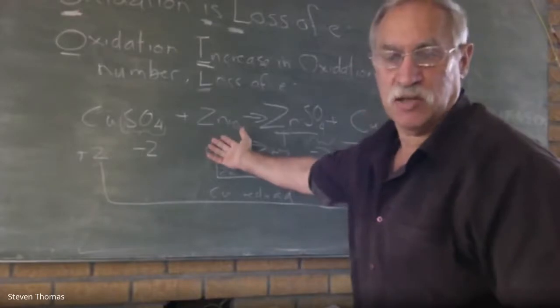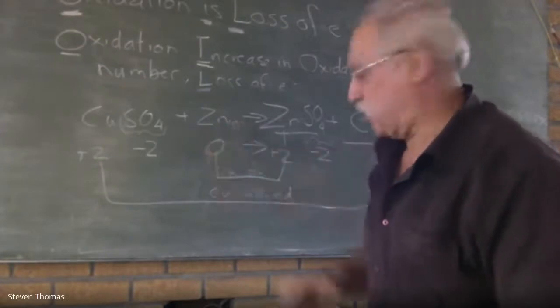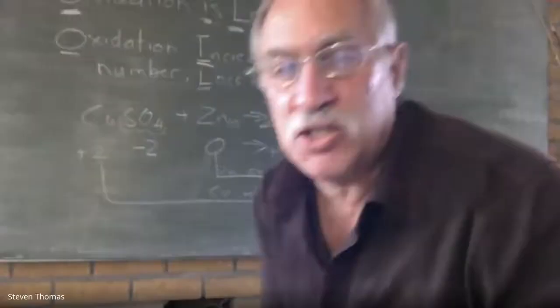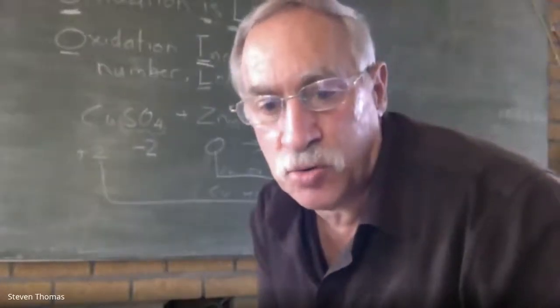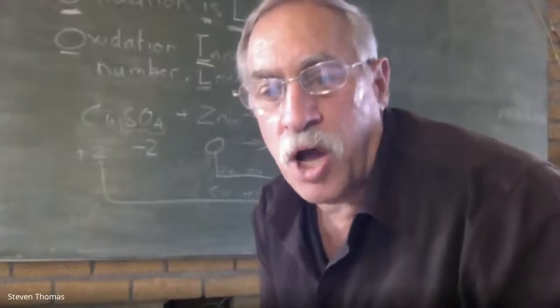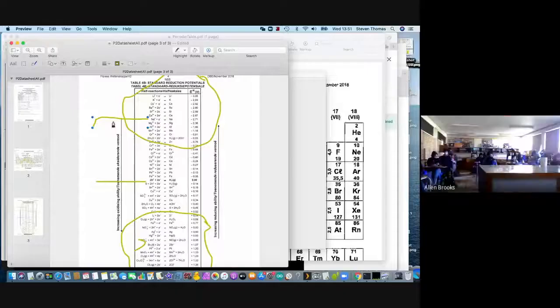No. So zinc must be sexier, right? Therefore, zinc must be higher or lower on that table than copper. Higher. Let's just check and see if that's true. Okay, so let's go and have a look at where zinc and copper are.